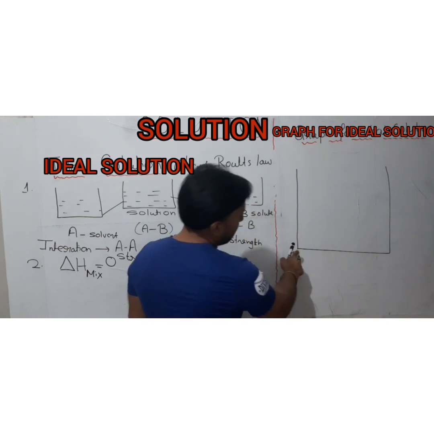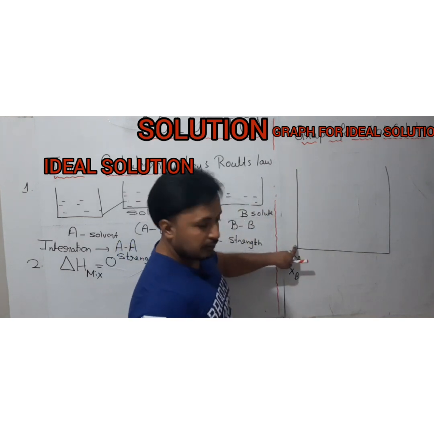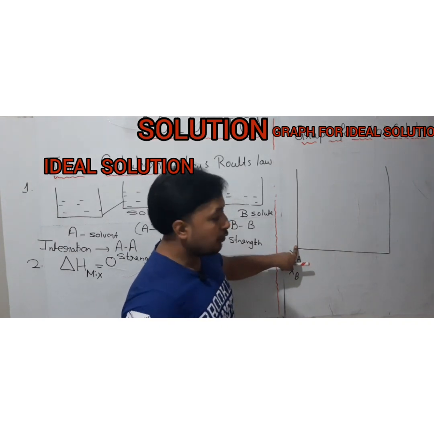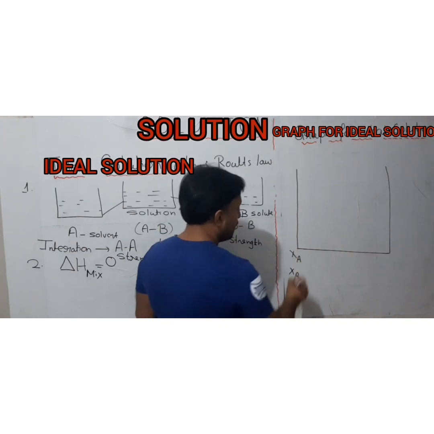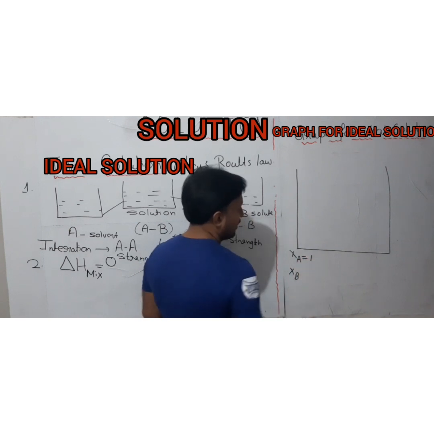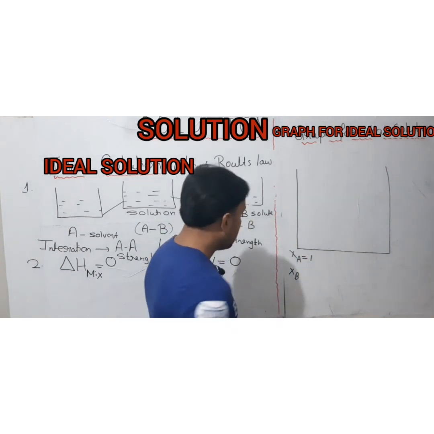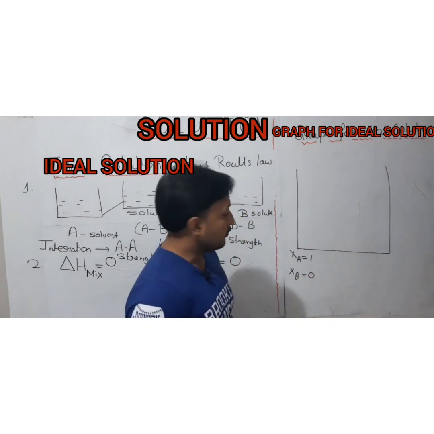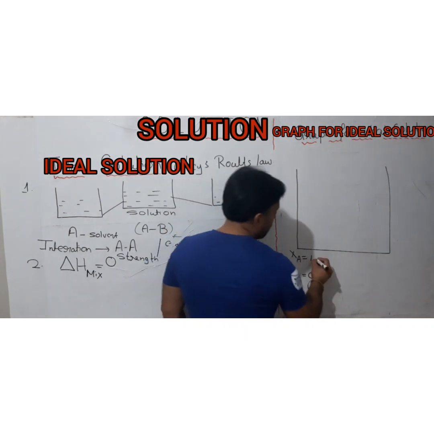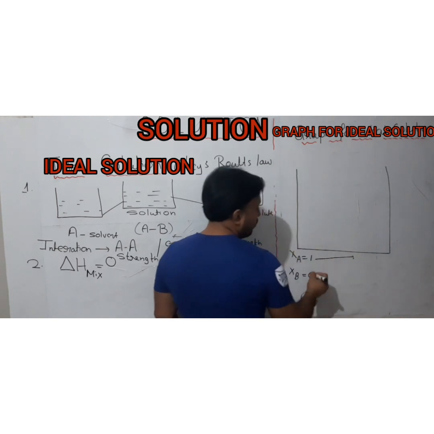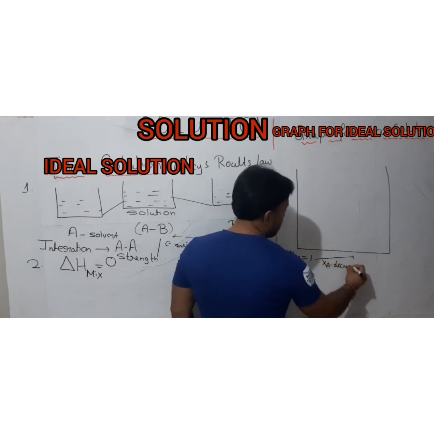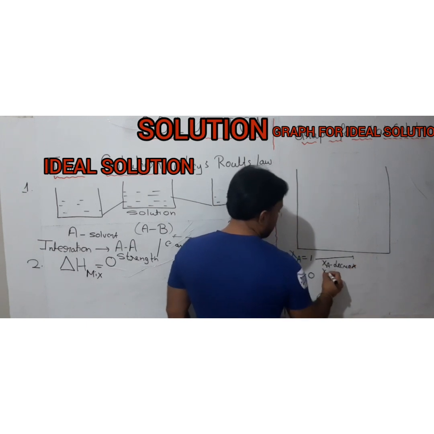This is the initial point where one component is present in more quantity and the other may not be present. So suppose we consider XA here as 1, and XB in such a case will automatically be 0.